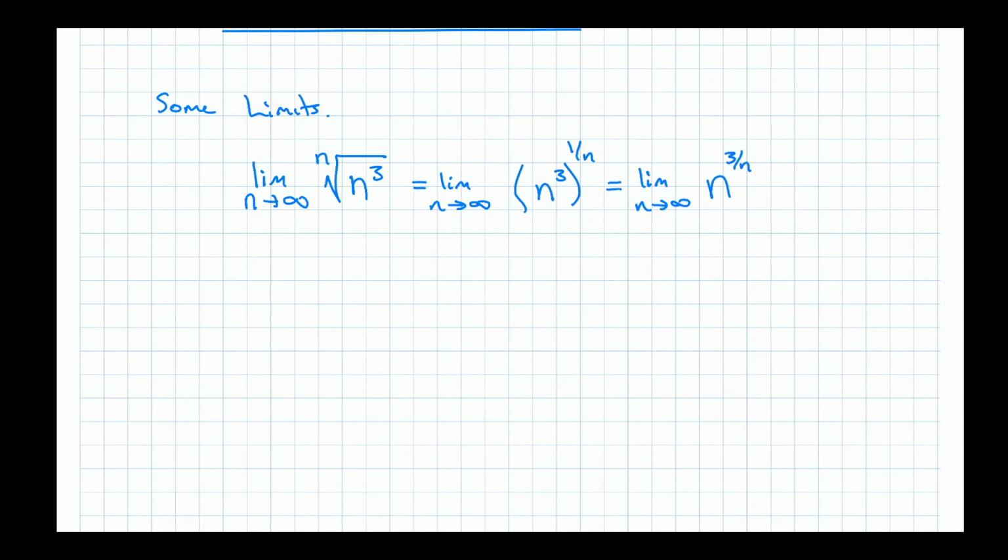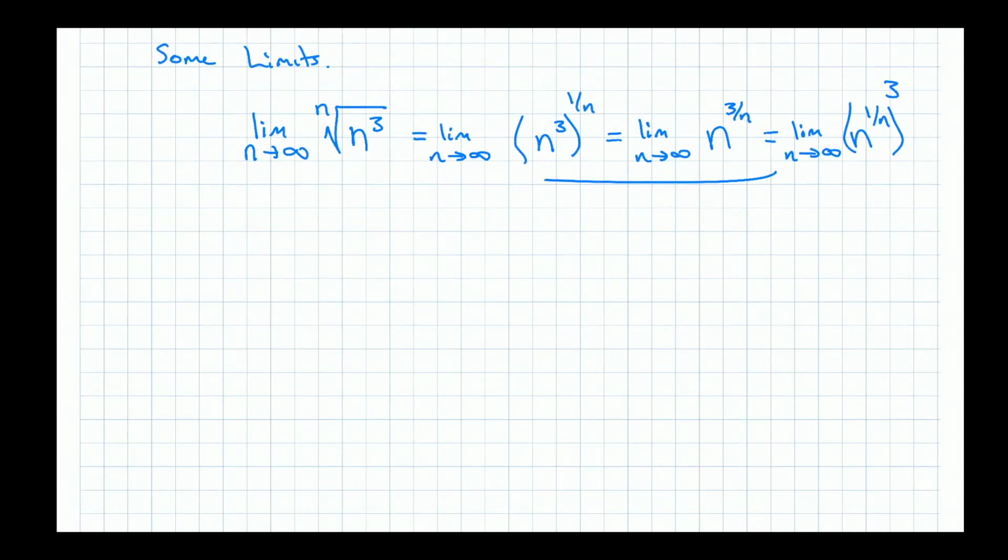But it doesn't matter whether you do the third power or the nth root first. So you might as well do n to the 1 over n, all to the 3.